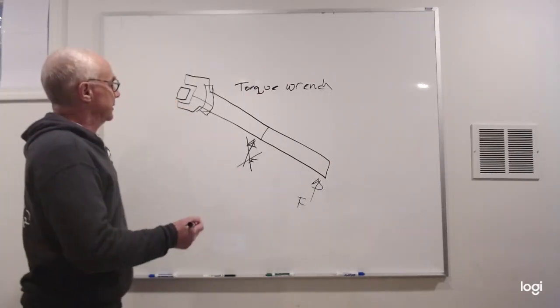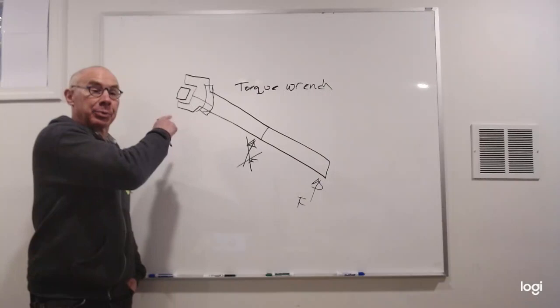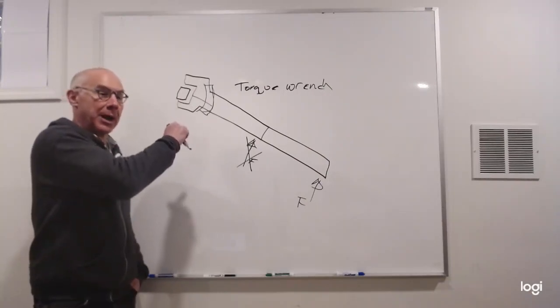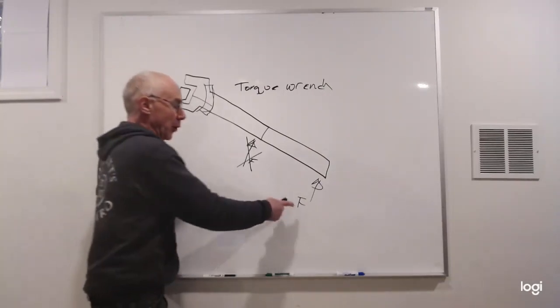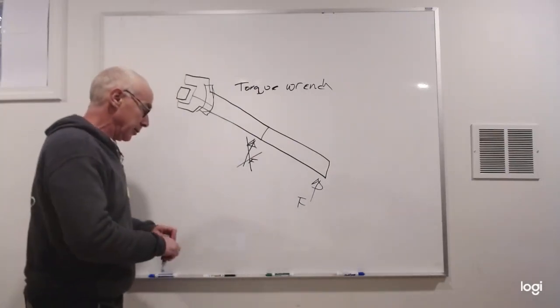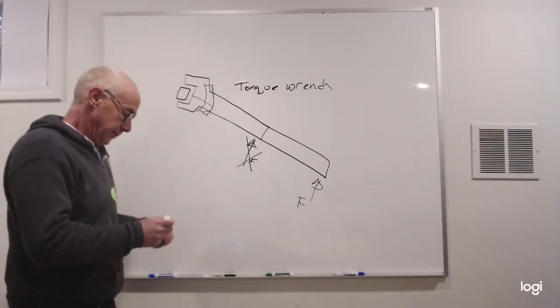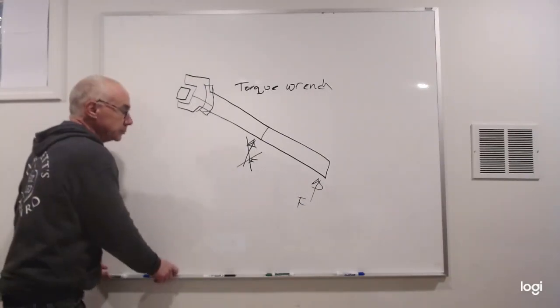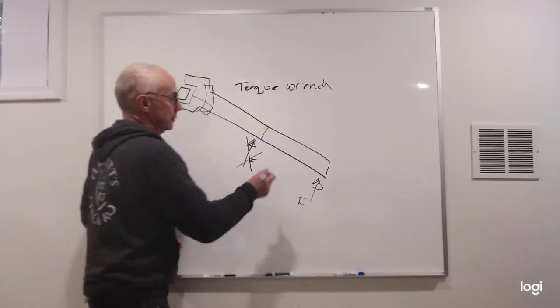So in fact, the torque that's applied at that point, the moment that's applied, equals the force times what we call the perpendicular distance. So what you want to do in this case is draw a line perpendicular.